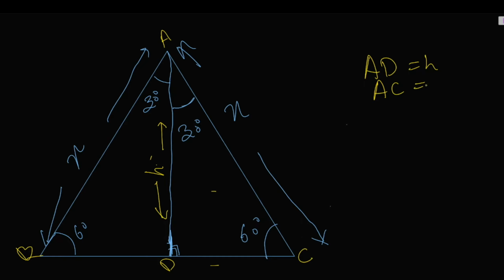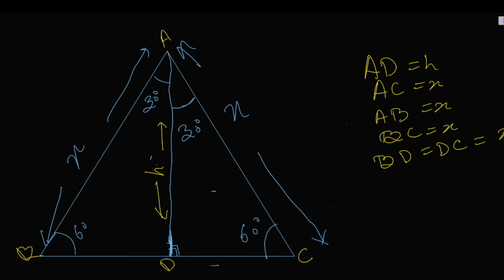We know AC is equal to x. We also know AB is equal to x. We also know BC is equal to x, right? What will be DC? BD and DC would be the same, because it's a perpendicular bisector. That will become x by 2, correct?